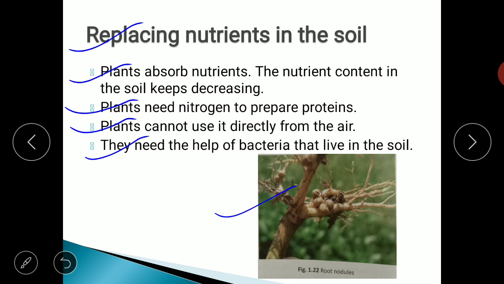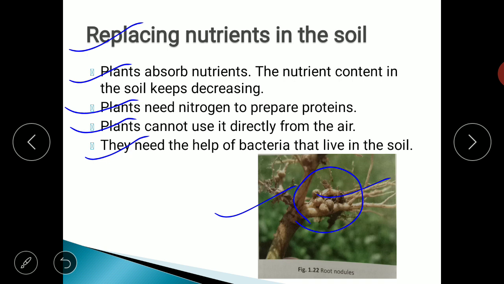The leguminous plant provides food for the bacteria which live in the roots of the plants, and they form nodules or small lumps, as you can see over here. And the bacteria, what does it do? The bacteria in return convert the atmospheric nitrogen into a form that the plant can use.